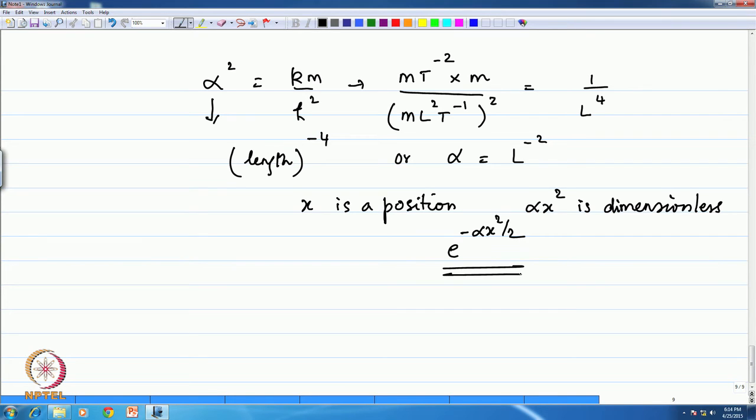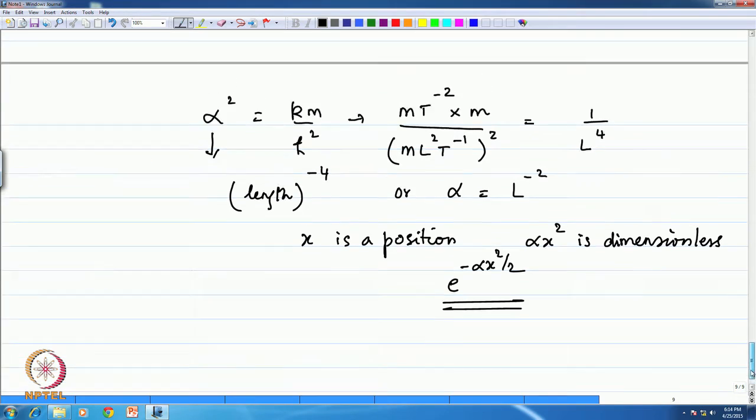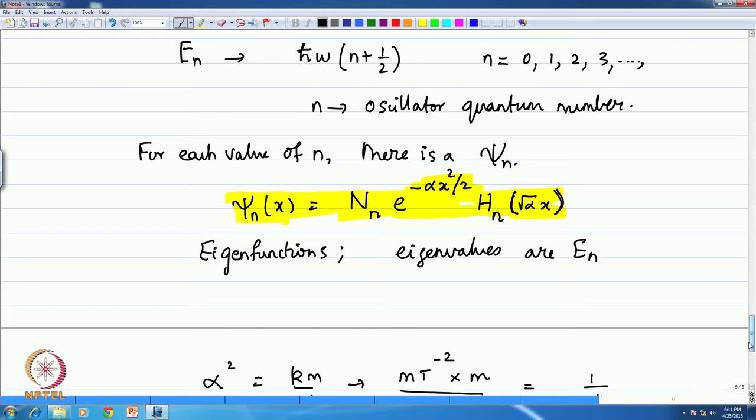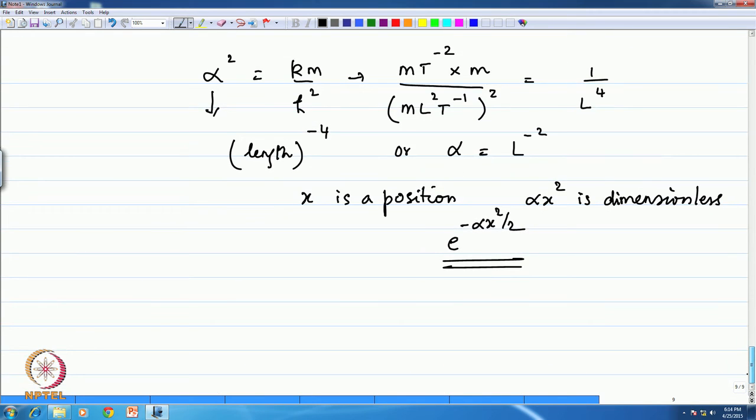So the constants have been chosen to get some of these physical parameters clear, and the Hermite polynomial, which is a function of position, is multiplied by square root of alpha, which is length inverse. Therefore square root of alpha x is also dimensionless, so that you can add various powers.